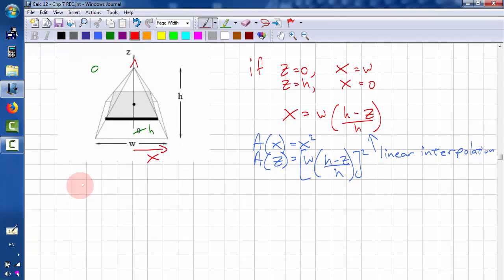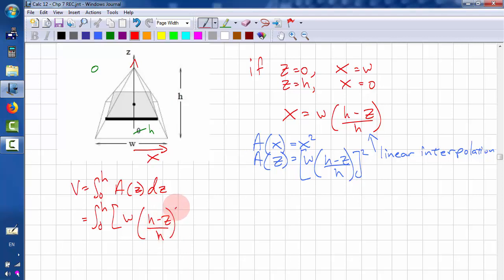So our volume is the integral from 0 to h of A of z dz, and we have the integral from 0 to h of w times h minus z over h, squared, dz.